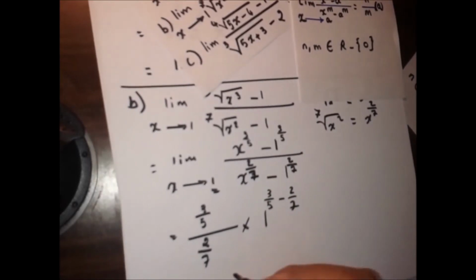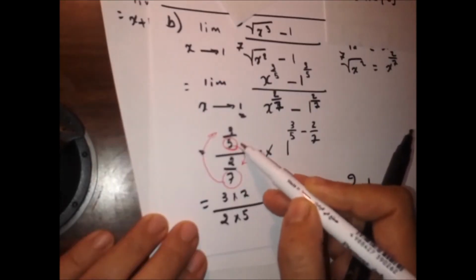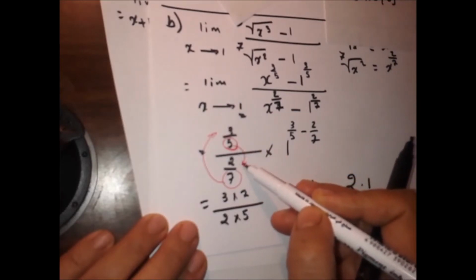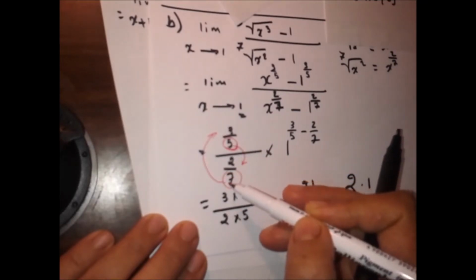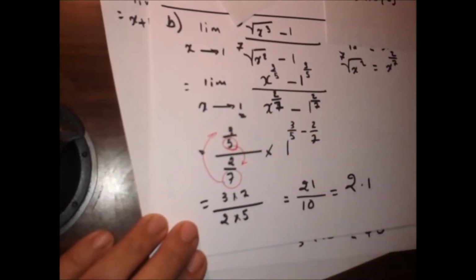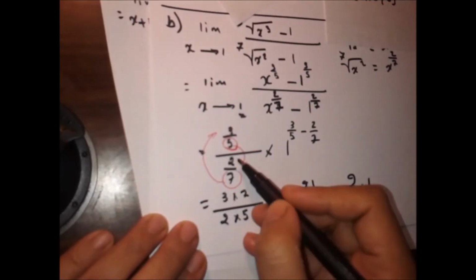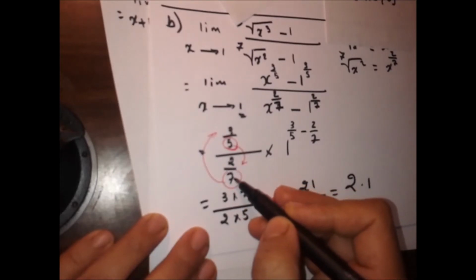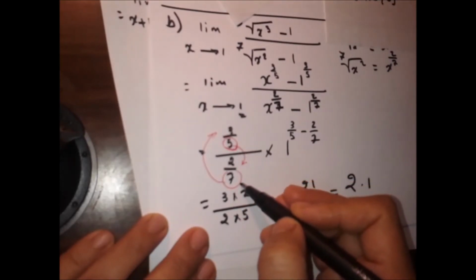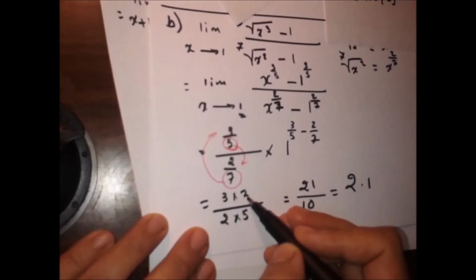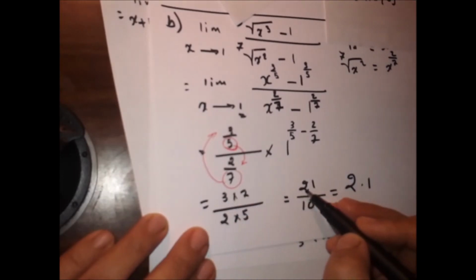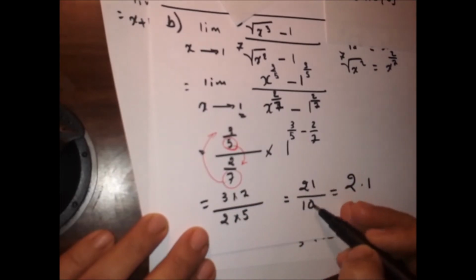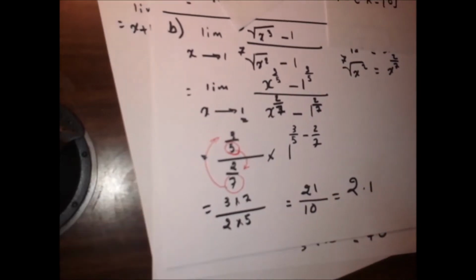So this is equal to the denominator of the numerator, just move it down, and the denominator of the denominator, just move it up. Keep the 3 as it is, and times 7, move the 7 up, and then keep the 2 down as it is, and move the 5 down, to be 3 times 7 over 2 times 5. This is equal to 21 over 10, which is 2.1.